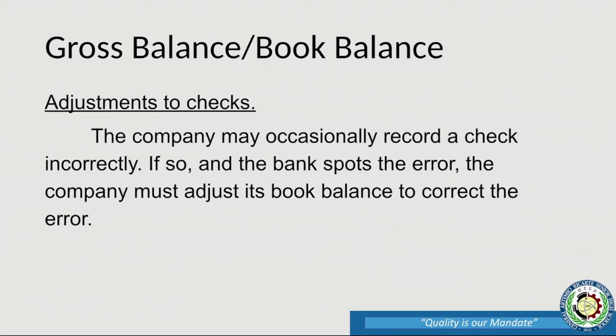So the bank record must coincide with the company's book balance, and the company must adjust it in order for them to tally. Examples on the gross balance will be seen in the module. Please check out the module that I've sent you.